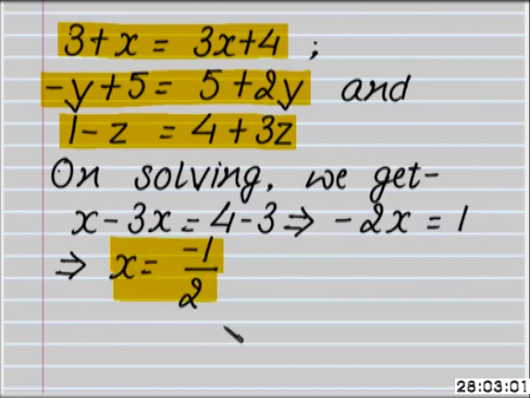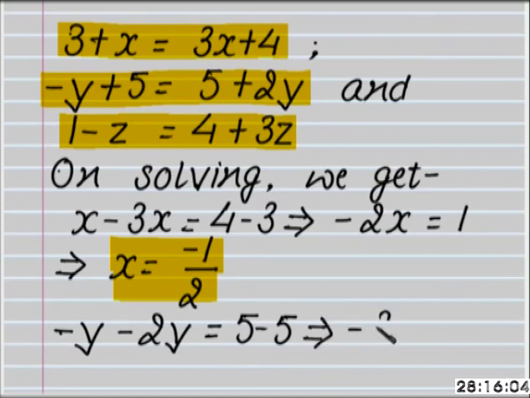Now solving the next equation, we get minus y minus 2y is equal to 5 minus 5, implies that minus 3y is equal to 0, further implies y is equal to 0.